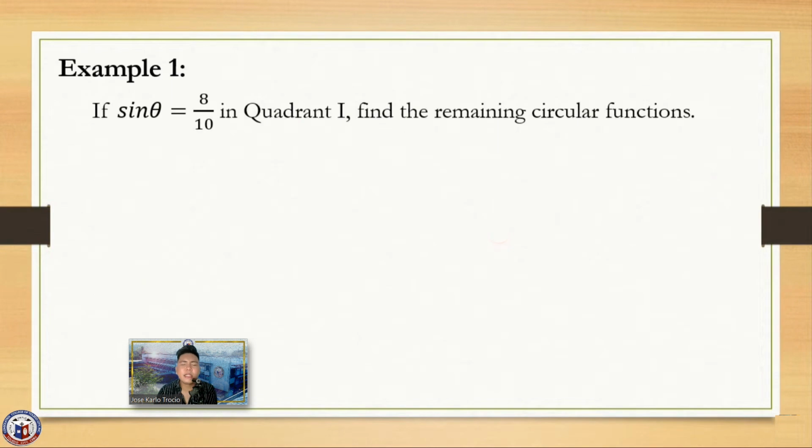Let us have this example. Example number 1. If sine theta is equal to 8 over 10 in quadrant 1, find the remaining circular functions. We know that sine is equal to y over r. Opposite over hypotenuse, y over r. You can go back to the previous slides just to check, okay?